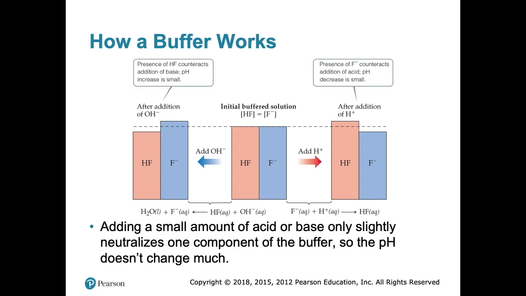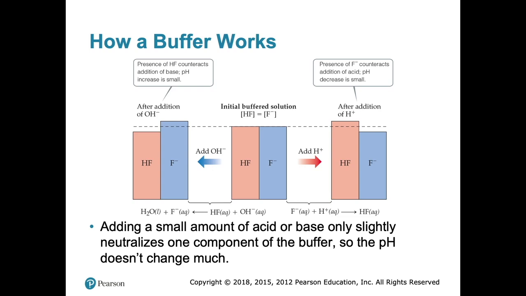It could kill you, actually. The way that your body maintains that pH of 7.4 is by using what we call the carbonate bicarbonate buffering system, which uses carbonic acid and the bicarbonate conjugate base. It goes back and forth, making sure that your pH is 7.4 in your blood all the time.